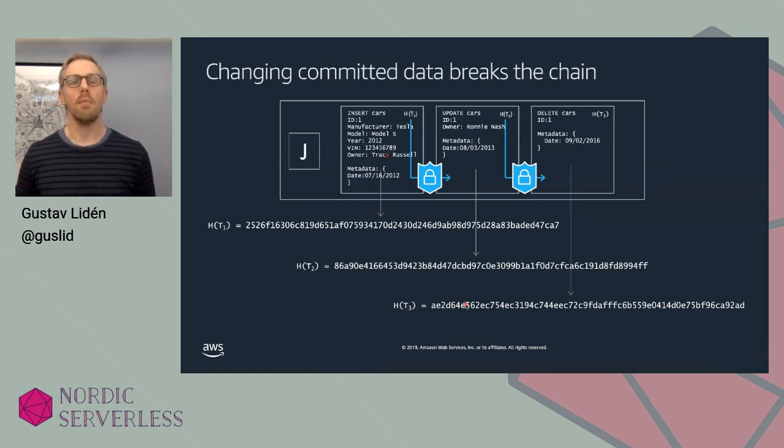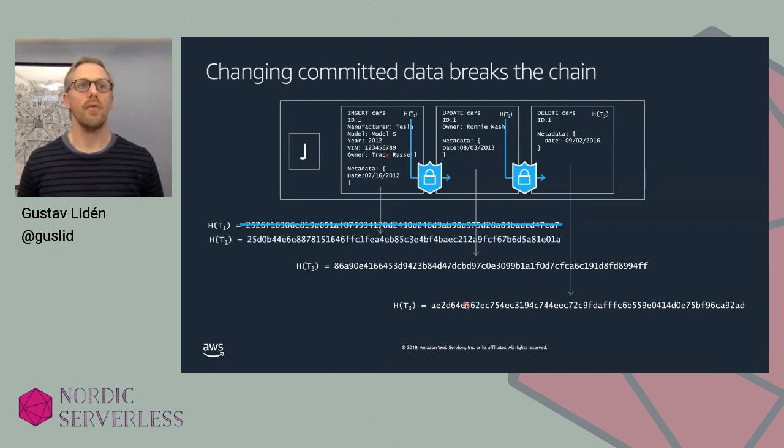For example, in the first insert, the first entry into this journal, the I of Tracy, the owner, was changed to a Y. This small change in the input will create a totally different hash.